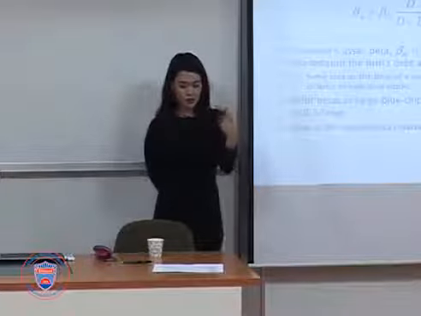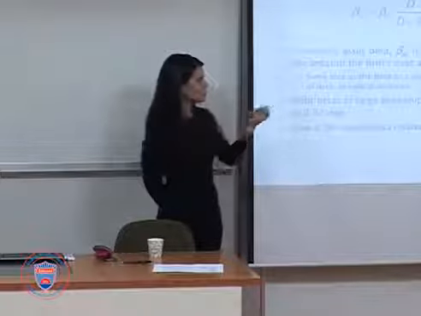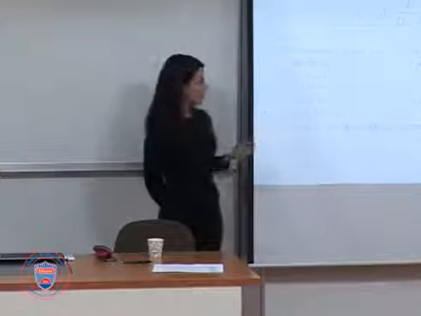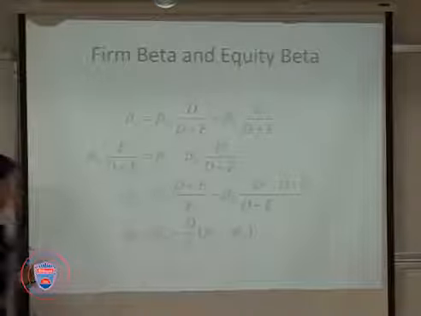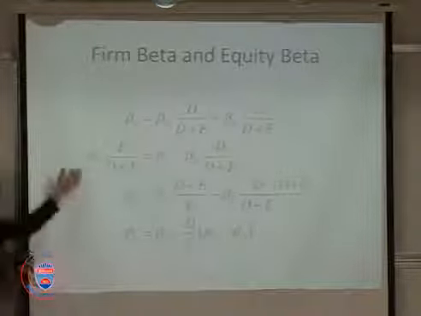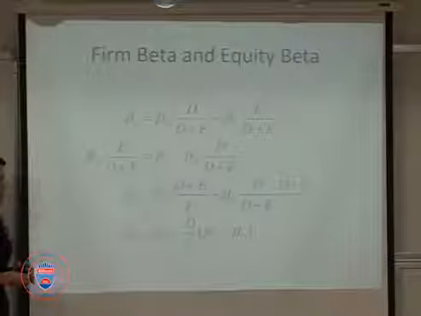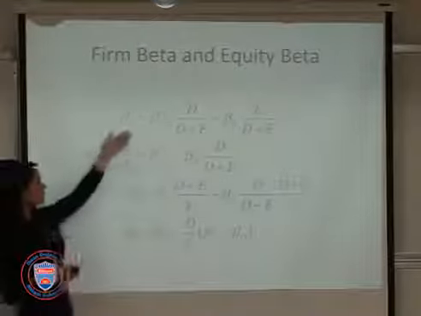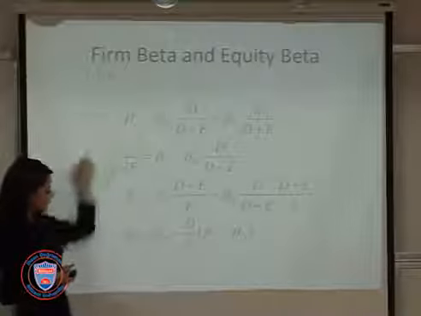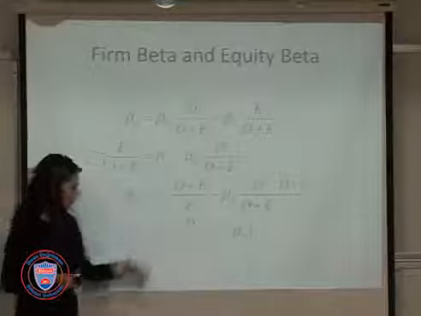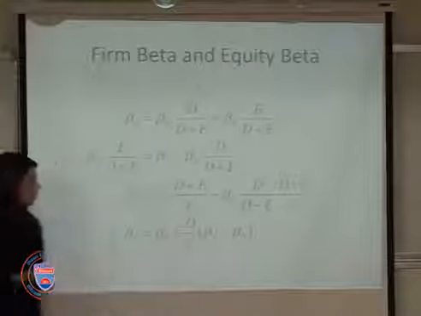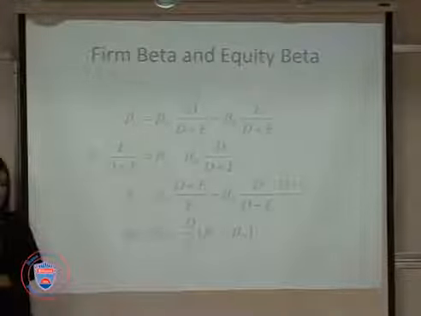Since we're interested in cost of equity, I'm going to focus on equity beta. And this is how we can write equity beta. The idea is the same. I don't have to go through the middle steps because it's just algebra. So this is how you write asset beta. And from here, you can find equity beta, which is asset beta plus debt to equity ratio times the difference between asset beta and debt beta.